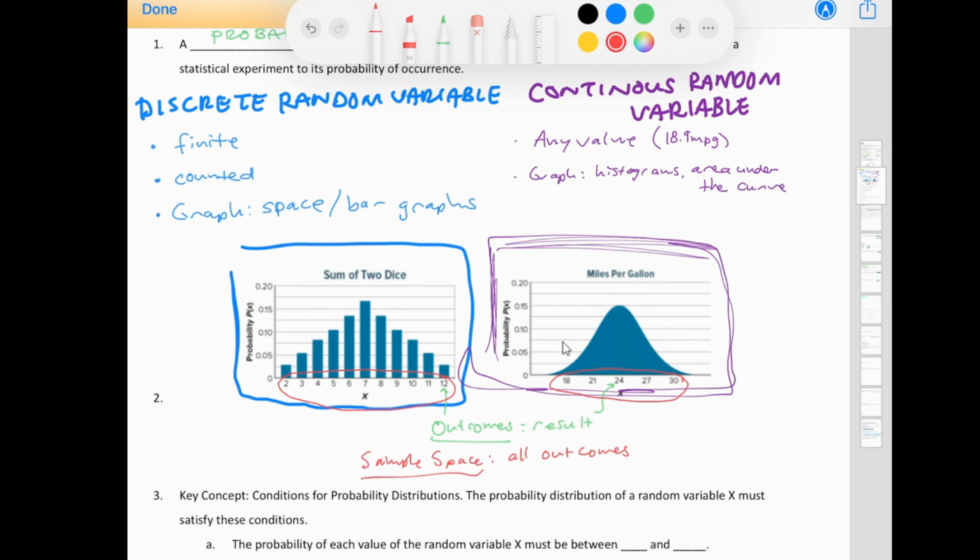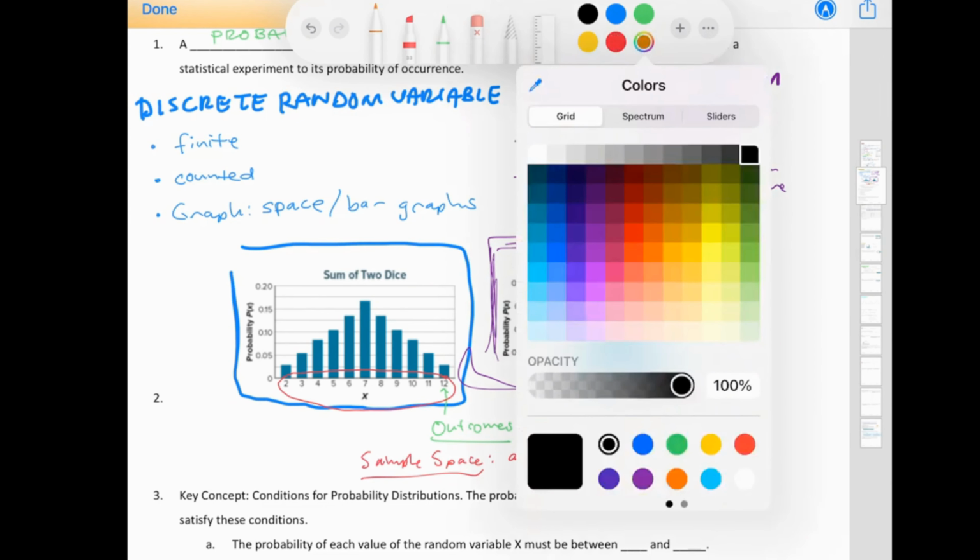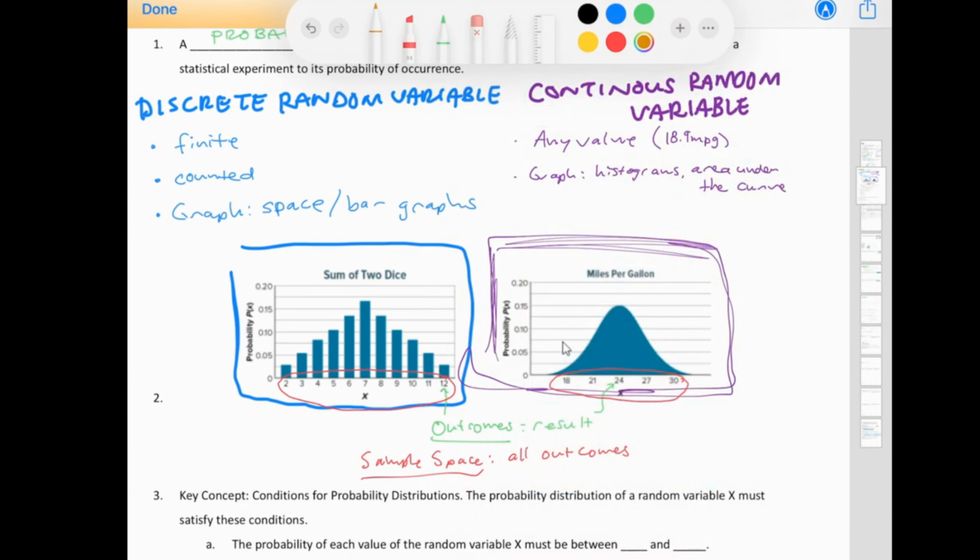And the last one, what color have we not used? Let's use orange. Well, big one, probability. And probability is just the likelihood of an event.